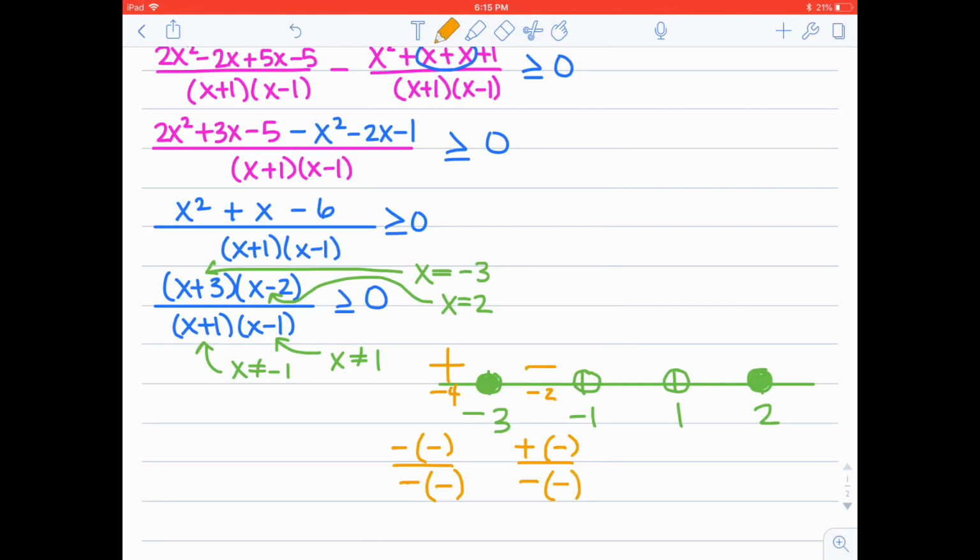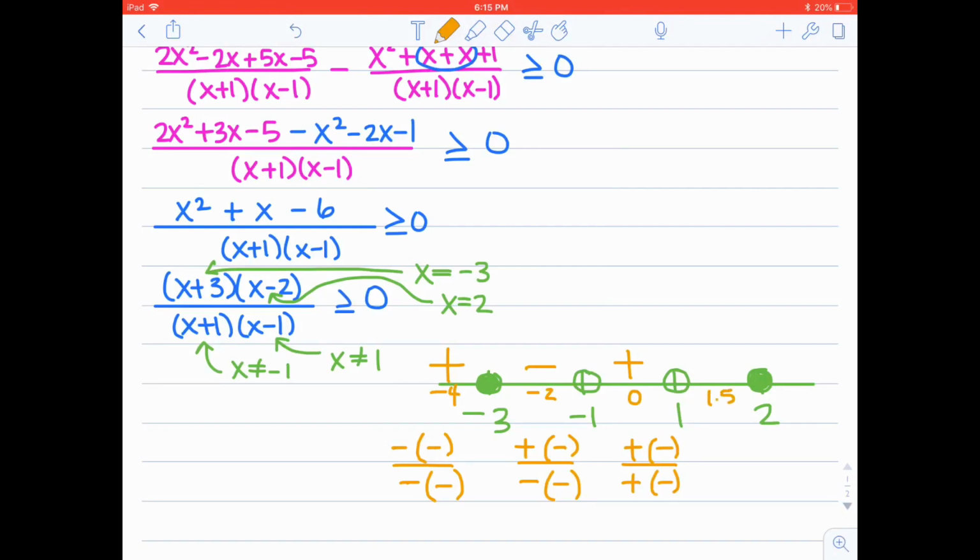A number between negative 1 and 1 is 0. 0 plus 3 is positive, 0 minus 2 is negative, 0 plus 1 is positive, 0 minus 1 is negative. So that would be a positive. You'll find it's pretty common for them to alternate. Not always. You can't just assume that, you have to check it. But oftentimes they'll alternate.